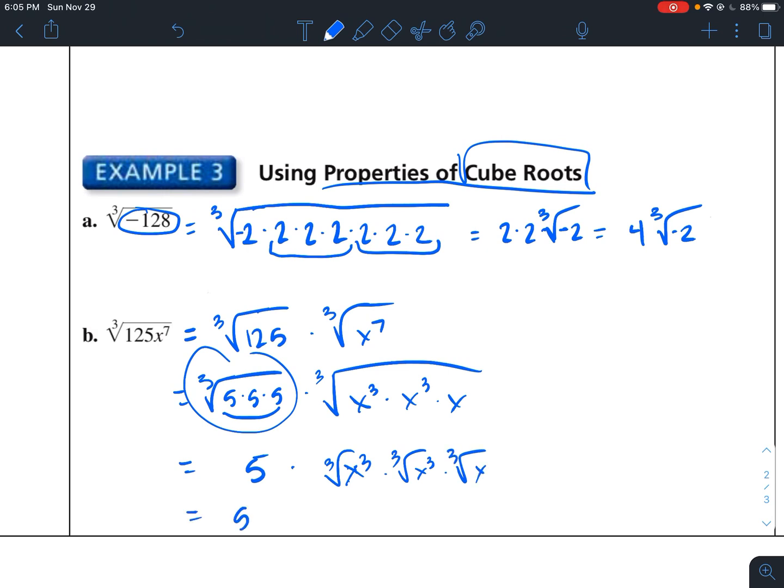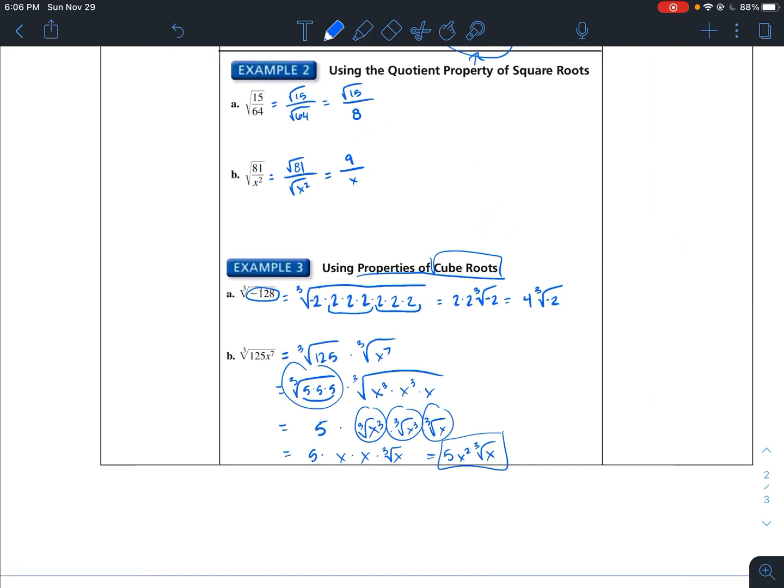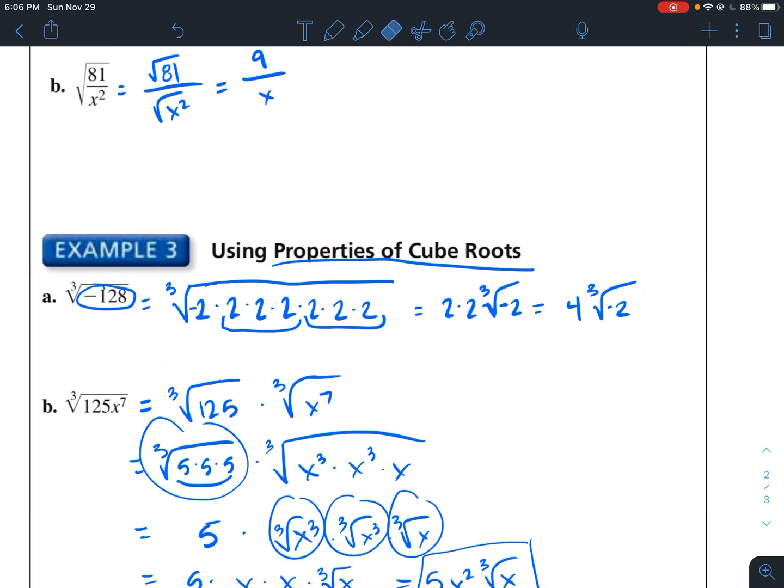That's equal to 5 times, this will be x, and this will be x, and this will remain the cubed root of x. So we can reduce this to 5x squared times the cubed root of x. So basically we can use properties of cubed roots almost exactly the same as properties of square roots.